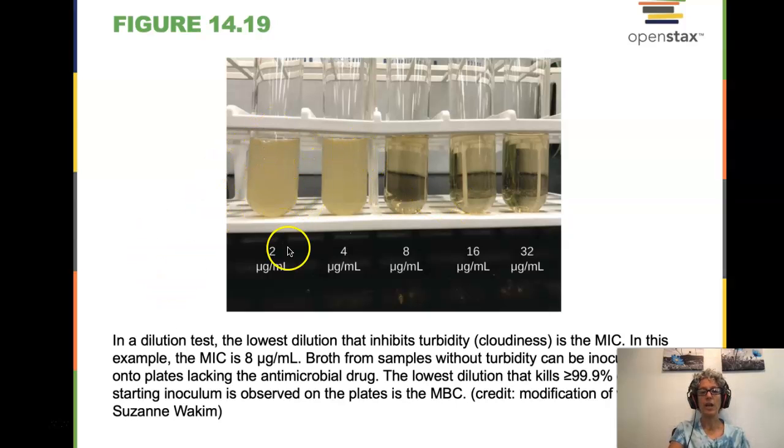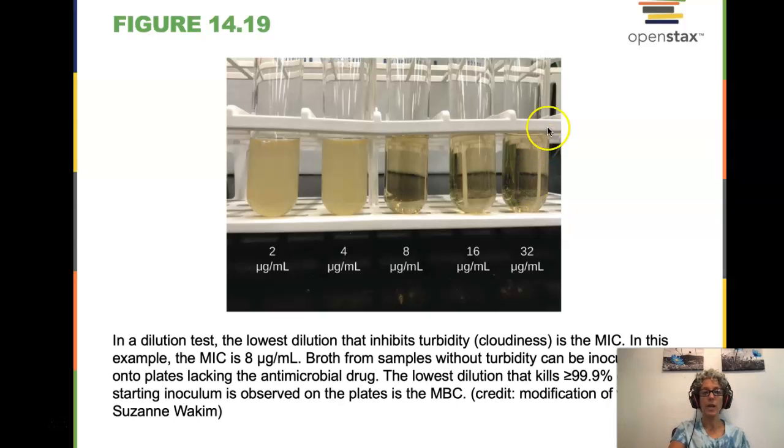These tubes have, from a very low concentration of 2 micrograms per milliliter of the drug, all the way up to 32 micrograms per milliliter. And then each of these tubes was inoculated with a standard concentration of bacteria. So the exact same number of live cells was put into each of those tubes.